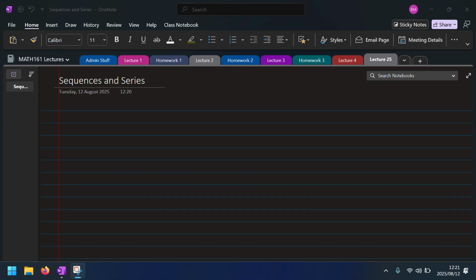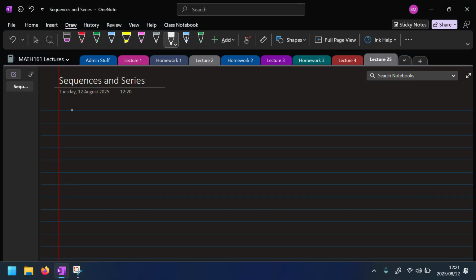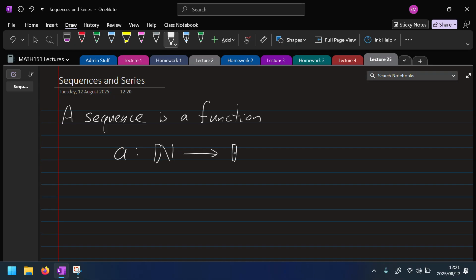Okay, so what is a sequence? A sequence is a function. Let's say A from the natural numbers to the real numbers. For every natural number, we assign some real number.